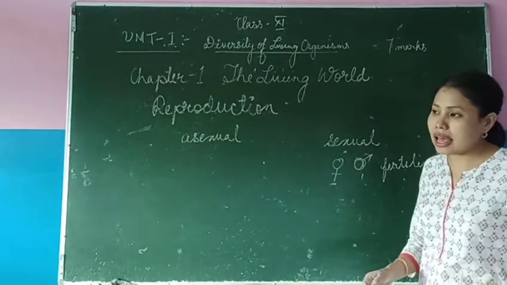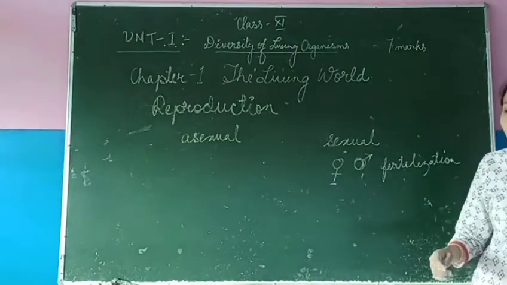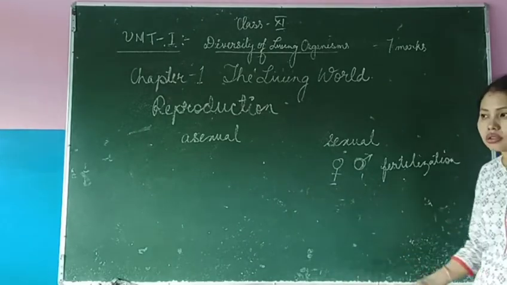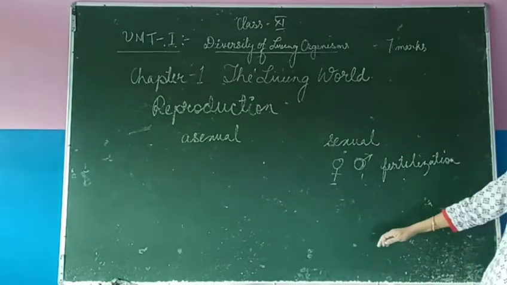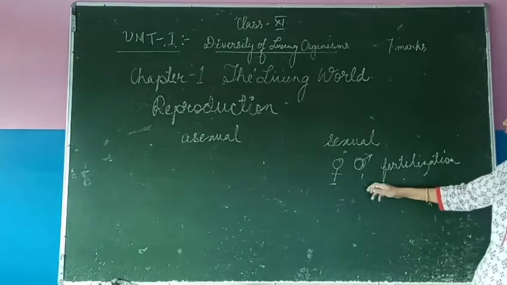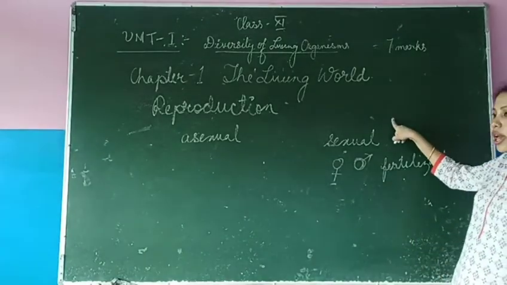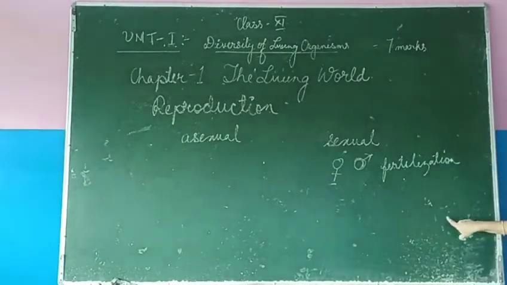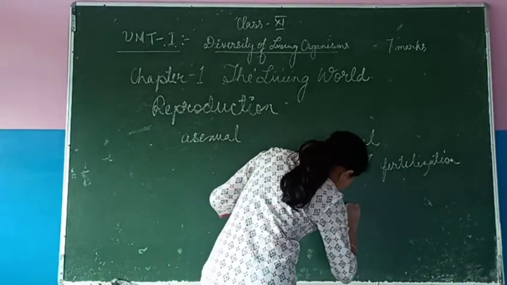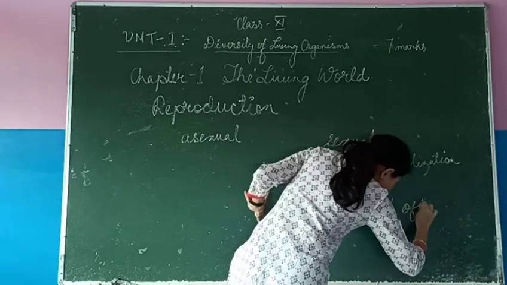Cow, dog, cat, elephant, lion, they also give birth to their own kind, and you will not see any cow giving birth to a dog. So as far as sexual reproduction is concerned, it carries on in such a way that the parent will produce identical offspring.